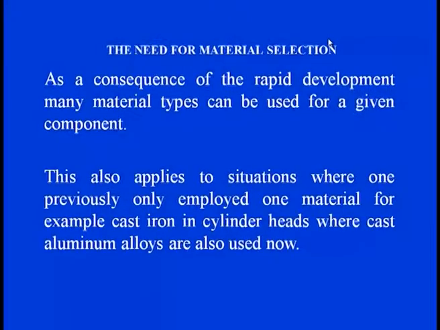One good example of this is the cast iron cylinder. We know that cast iron is one of the harder materials, and at the same time it is a good damper as well. So, the cylinder heads which were always made of cast iron are now straightforwardly replaced by cast aluminum alloys.